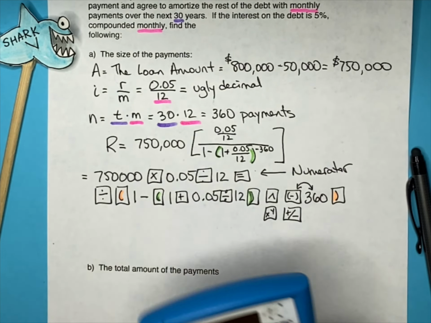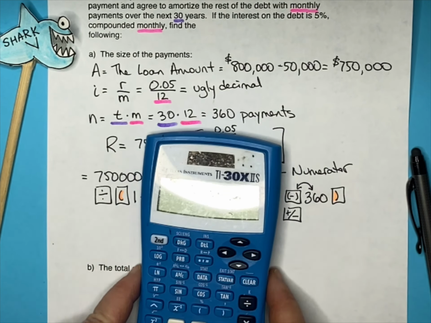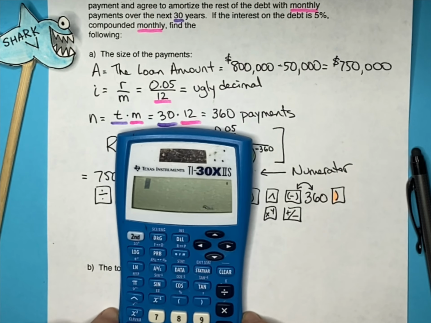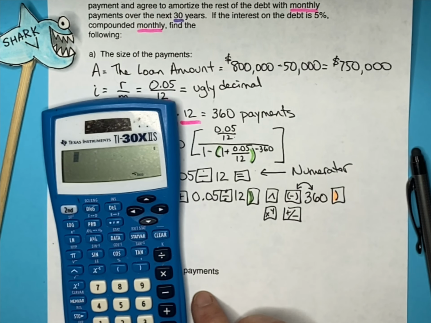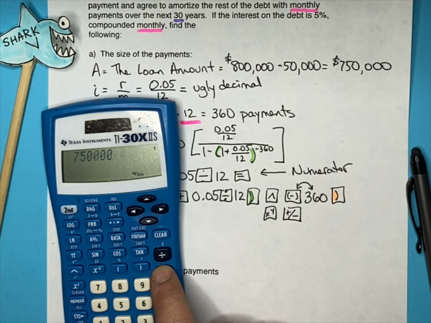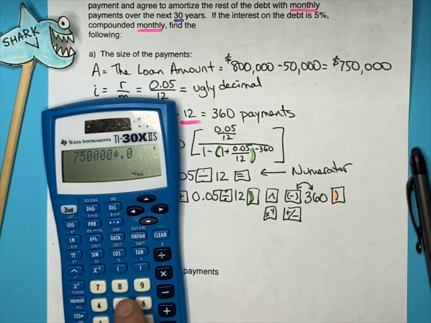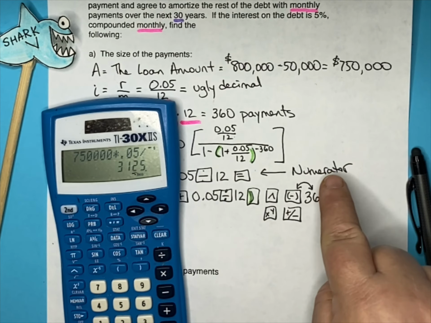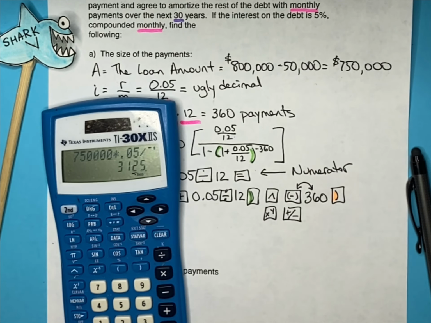Okay, so let's see if I can get through this. Fingers crossed. Let me turn it on and get it out of the glare. Okay, so I've got 750,000 times 0.05 divided by 12 equals, so for the numerator, I get 3125.